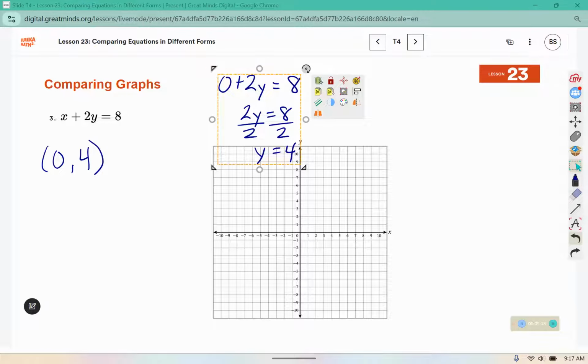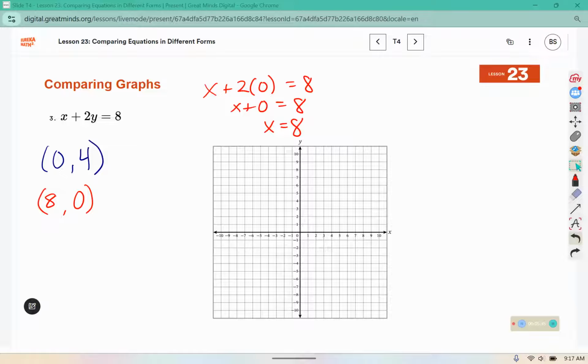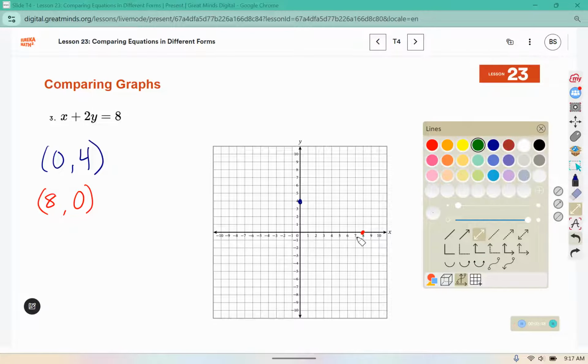Then we'll do the same thing, but this time replacing the y value with 0. So x has to equal 8. Then we can graph both of those points. 8, 0 would be here, and 0, 4 would be here. And then we'll connect those using a straight edge.